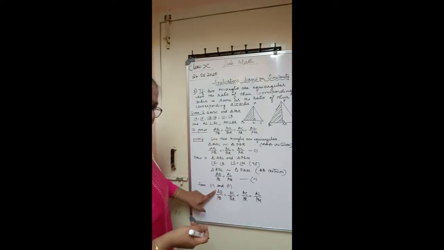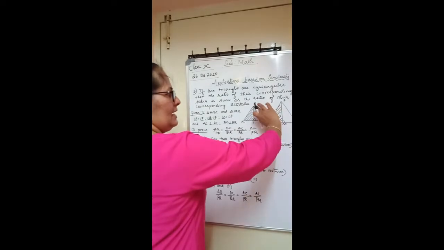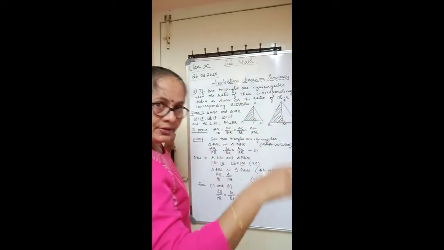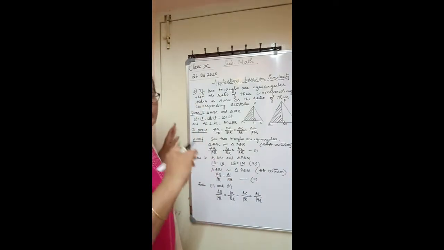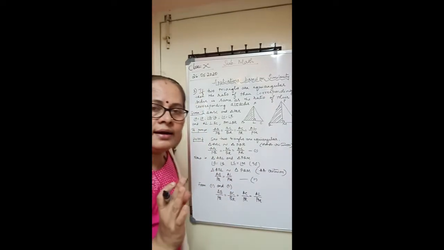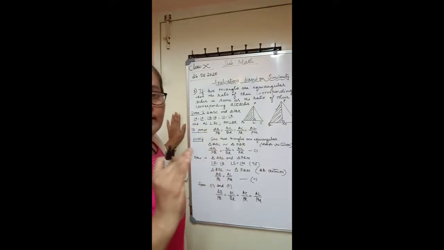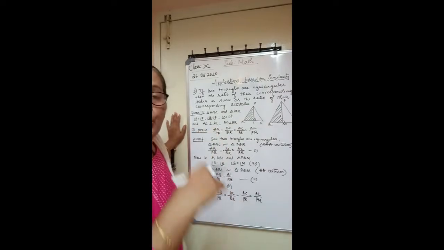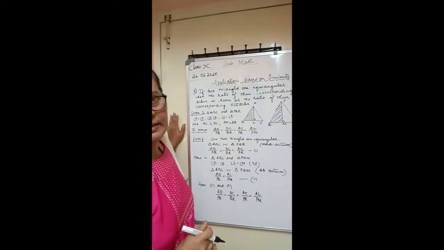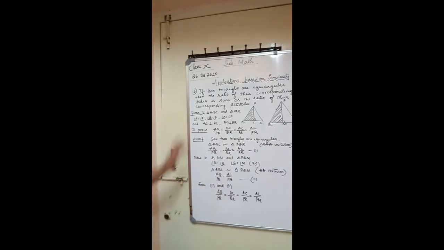Therefore, AB by PQ equals BC by QR equals AC by PR, which is also equal to AL by PM. That is, whenever two triangles are equiangular, then the ratio of their corresponding sides is the same as the ratio of their perpendiculars. Now we will move to the next application.